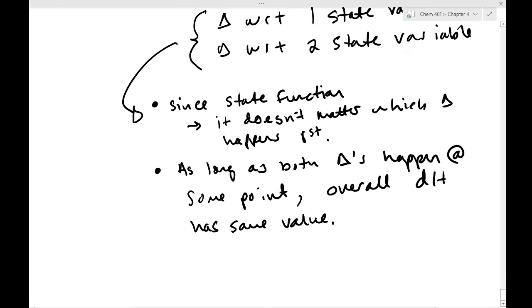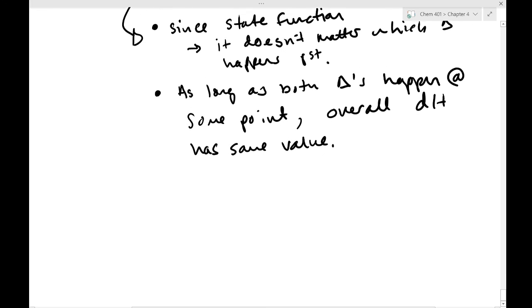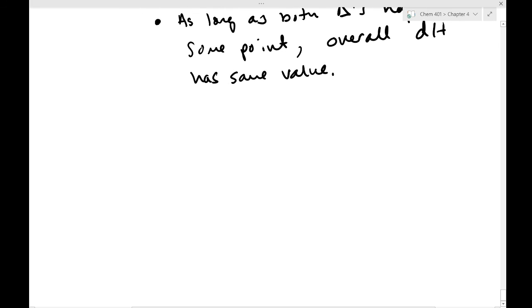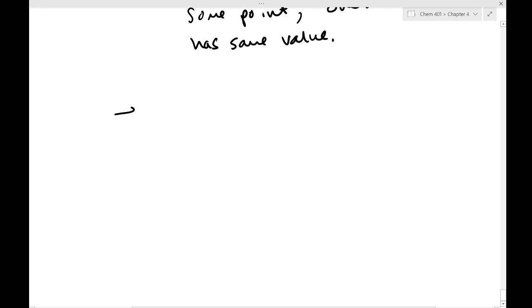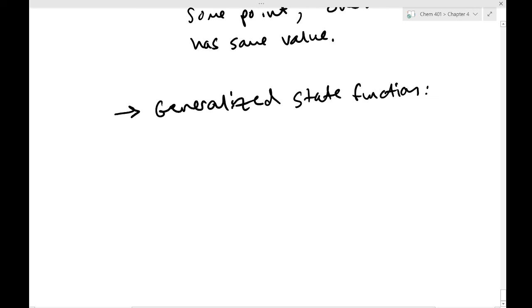So we're going to take these two ideas and mathematically describe a state function using a generalized formula. We're going to generalize it into some state function, which we'll call f of x, y.